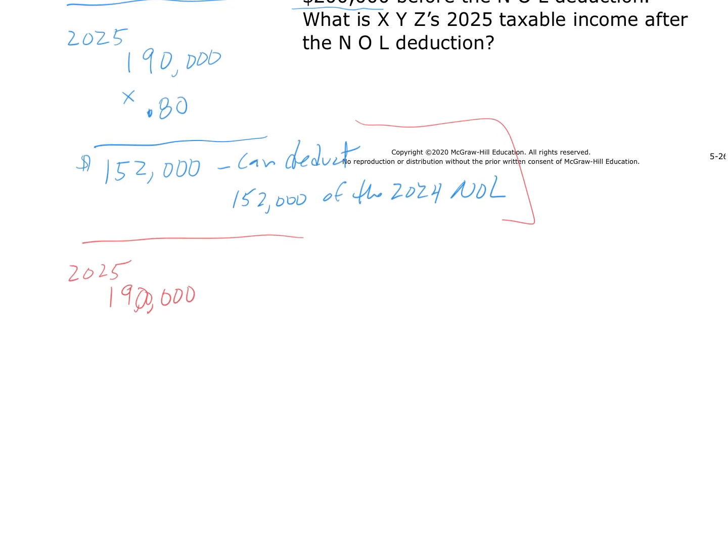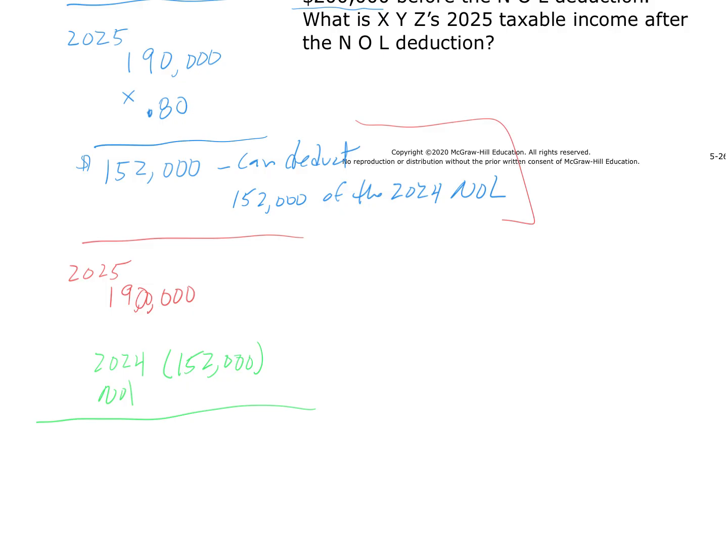So we can deduct the 2024 NOL, but we can only deduct $152,000 of that 2024 NOL.